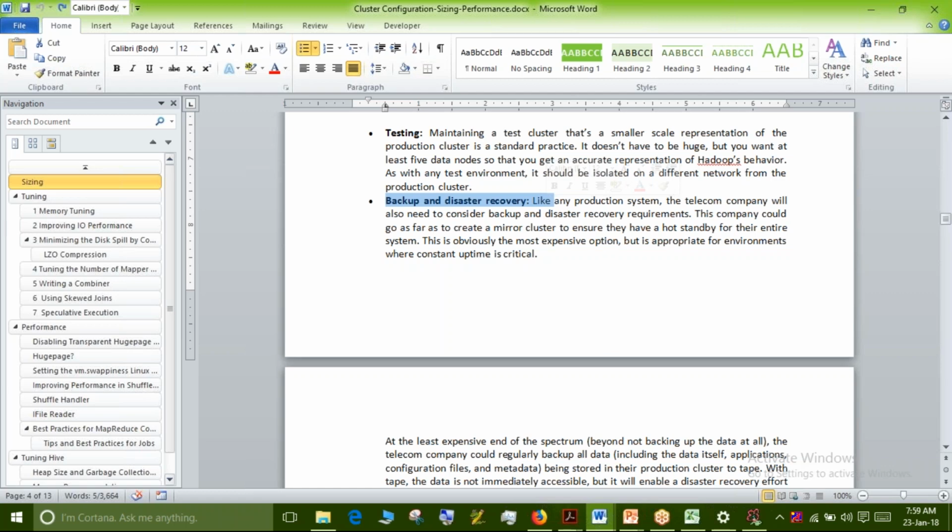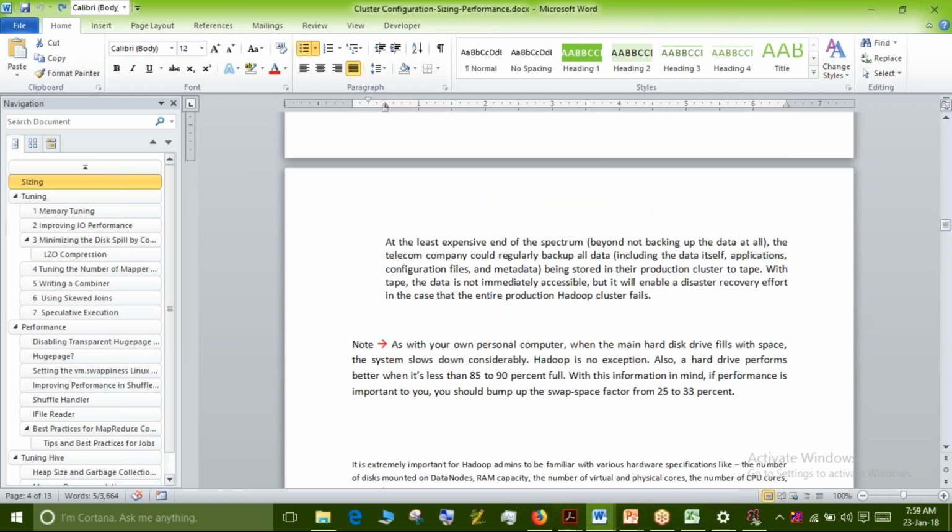If the data is not available in the Hadoop cluster, think that it is not available anywhere. That is where backup and disaster recovery plays an important role. It has been briefly mentioned here, but we have a separate subject called backup and disaster recovery. That time we talk only about that. Now, as part of the other discussion also, we are talking about this.